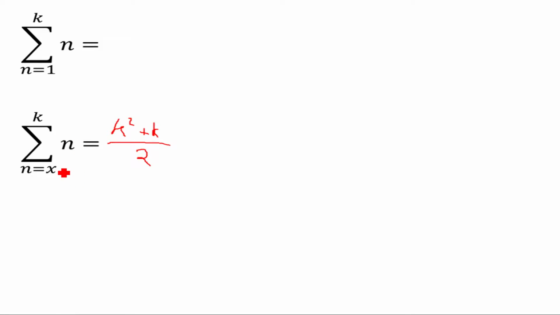Nothing different except this isn't 1. But the big but is, you could do the exact same as from 1 to k with the same rule, minus from 1 to x.